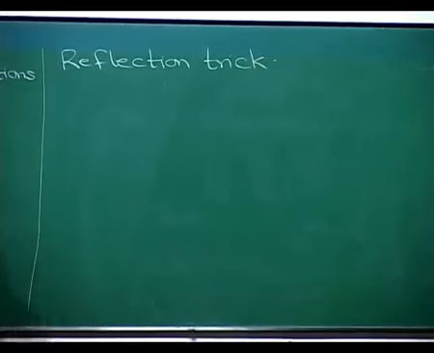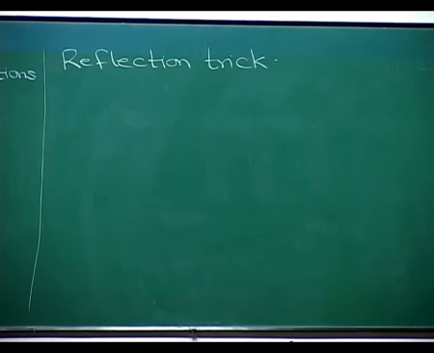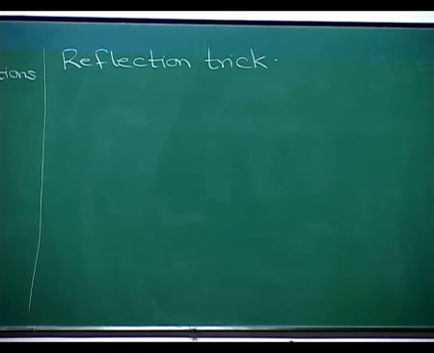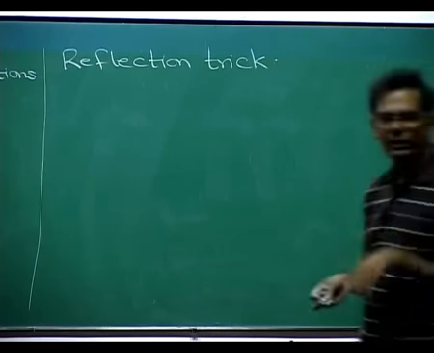Okay, so what are we trying to count? We are trying to count all paths from 0, 0 up to the point n, n, and we are trying to count those paths which stay on or above the diagonal. So if you want to count that, a natural way of doing that would be to take all paths first of all and then remove those that violate your condition, right?